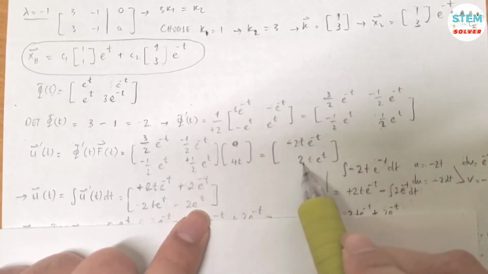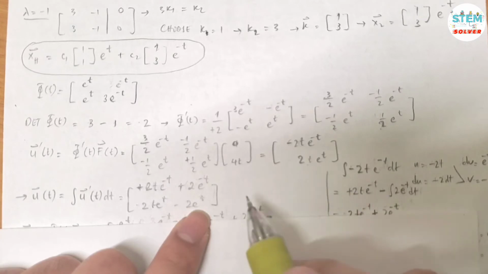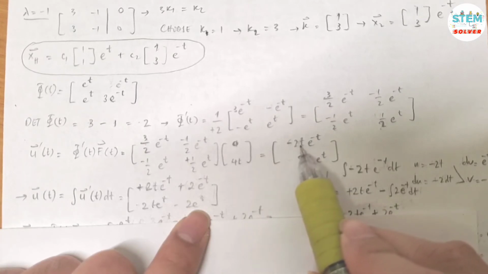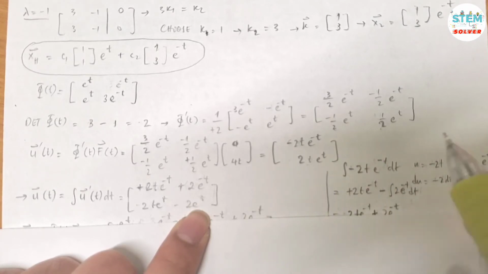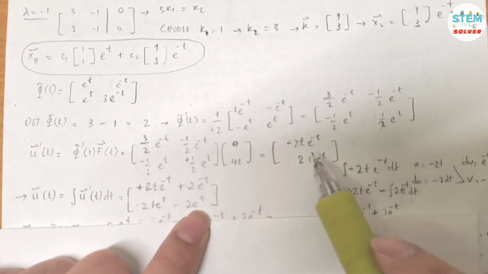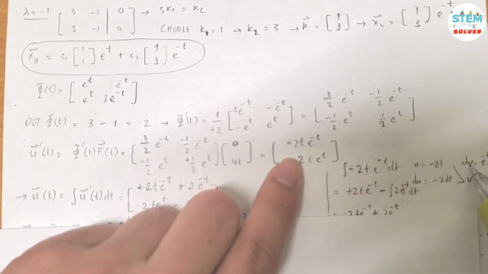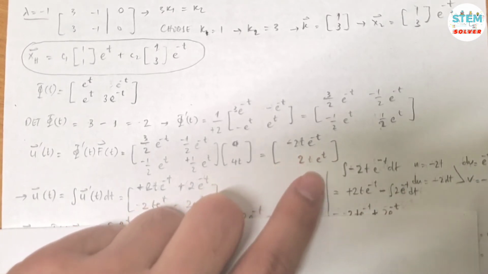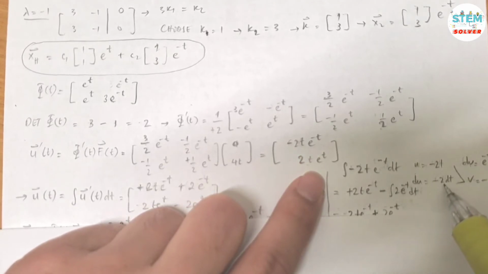So to integrate this one, let's take a look at this one specifically. Now this one first. If I integrate this one, use the integration by parts method. Okay, so u equals negative 2t, dv equals e to the negative t dt, then du is negative 2 dt, v equals negative e to the negative t.